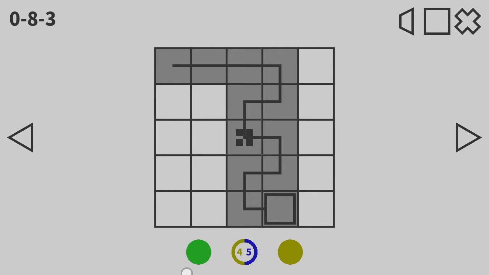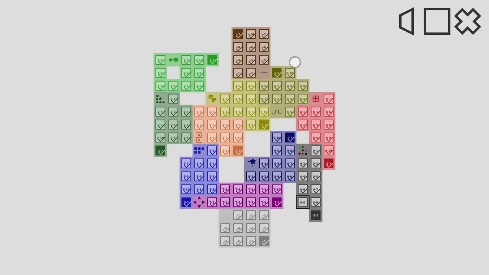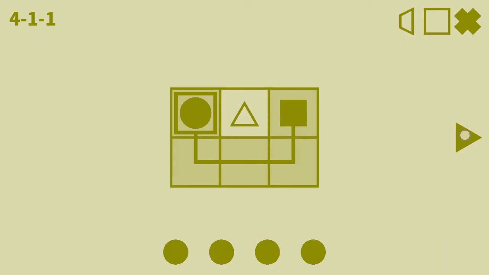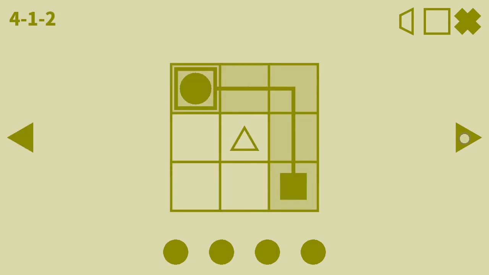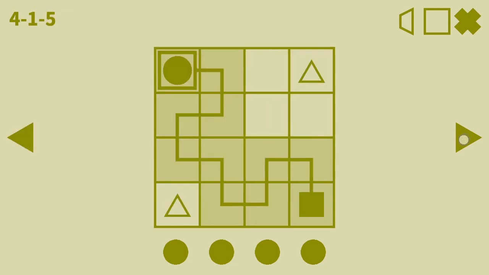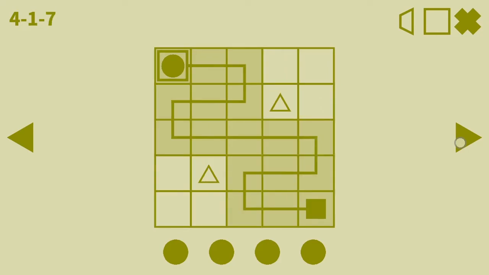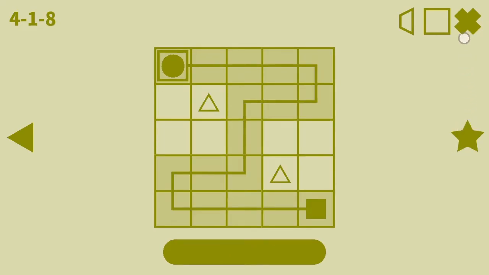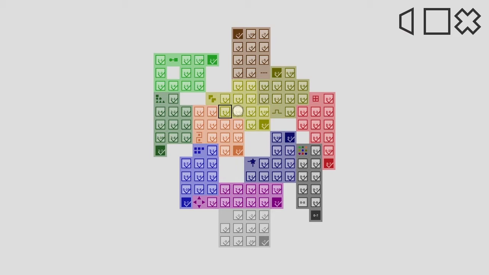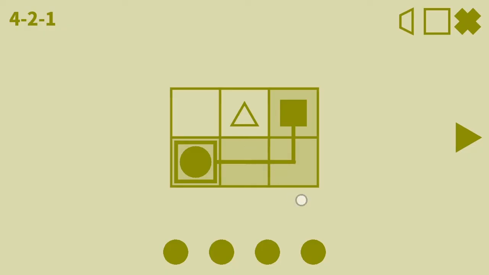It's about the region. Let's go through the 4 things. I'm going to forget everything that I've just been doing. 4 is: every triangle must have its own region. Okay, cool.